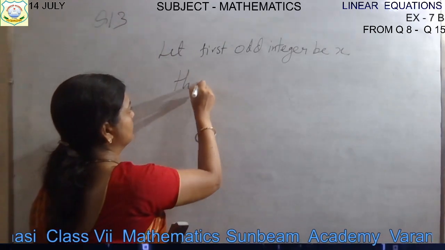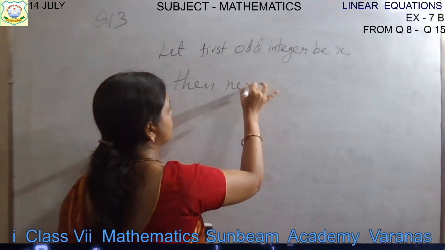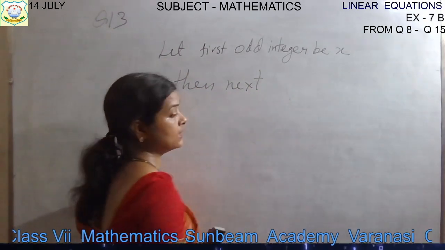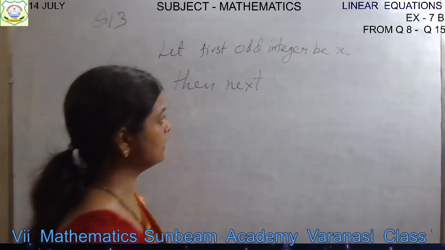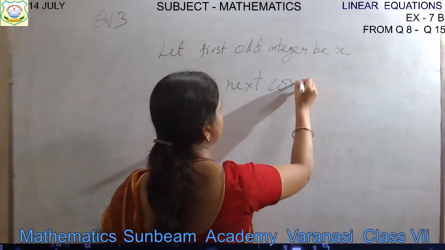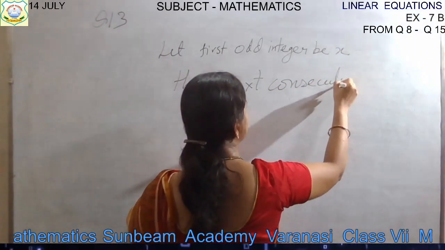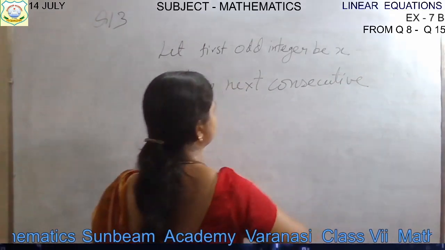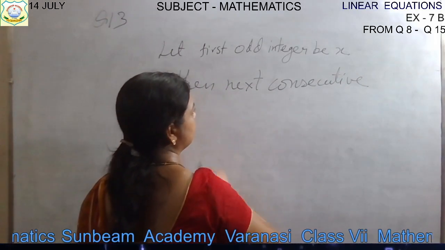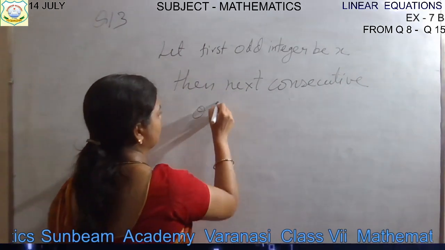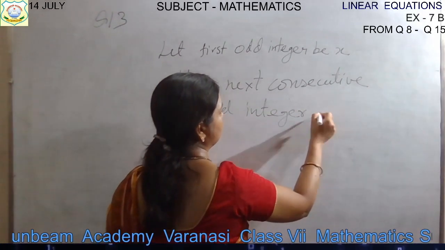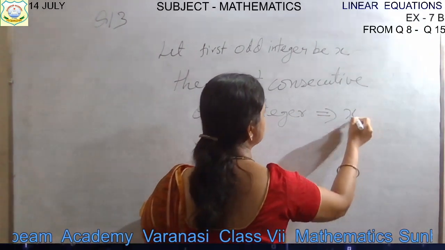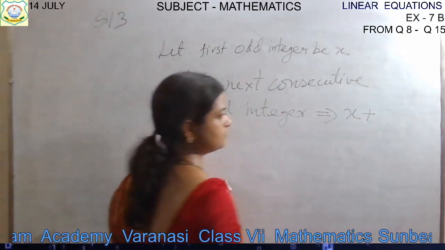Then the next, or you can say the consecutive odd integer, the next consecutive odd integer, will be how much? X plus 1, children.